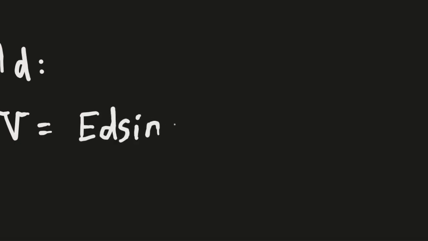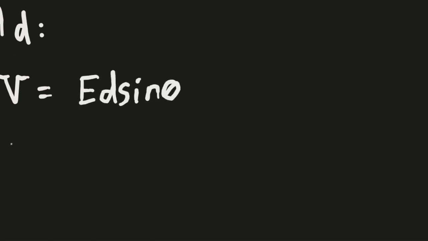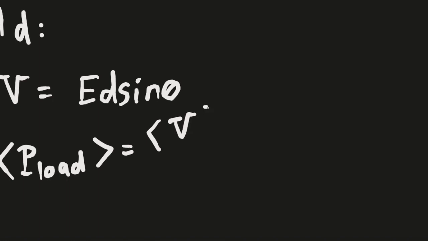So for example, the Hertzian dipole again. The potential difference is E d sine theta, if you look at the diagram above, and the power we deliver to the load is V squared over 4R.